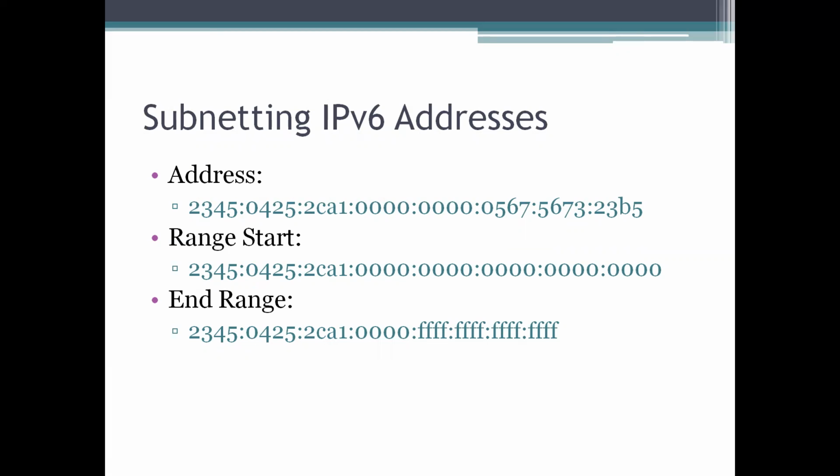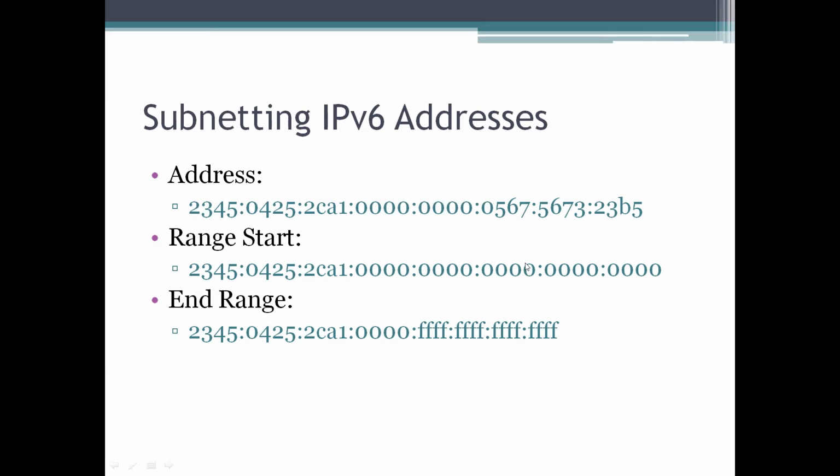Each digit is created with 4 bits to become 128 bits. So in this address, our IP version 6 has 8 groups: 1, 2, 3, 4, 5, 6, 7, 8. Each of these groups is separated by a colon.